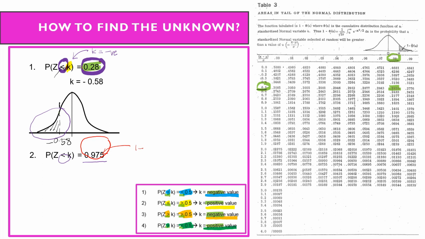1 minus 0.975 equals 0.025. So you can find the value of 0.025 in the table. Where is 0.025?